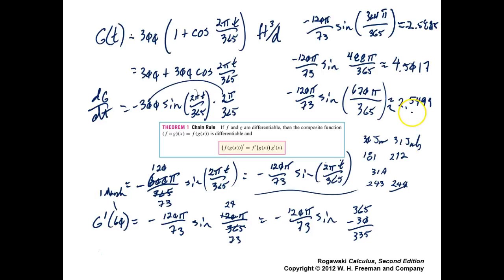And then what's the next digit? 8, yeah. So when you round up to the 4th, you see the 8 would change the 9 to a 10. That would change that to a 0. That would change that to a 5. So yeah, that rounds to approximately 2.5500. Same thing they got. Okay.